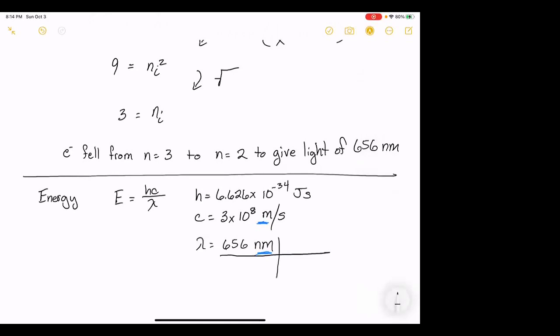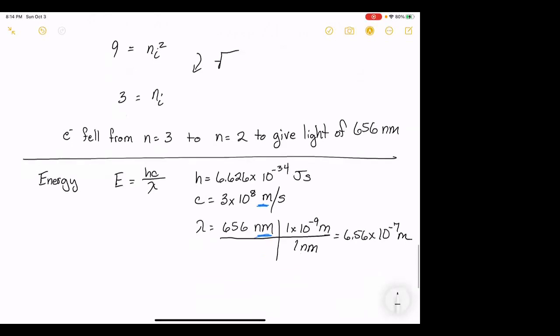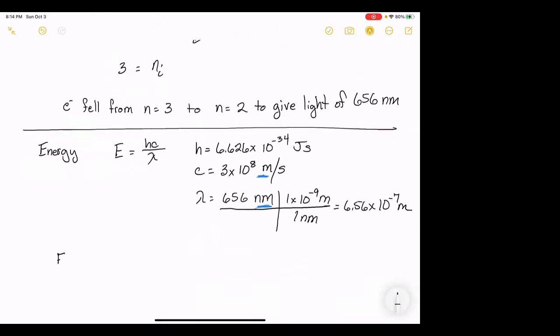To do so, you're going to multiply: 1 times 10 to the minus 9 meters is equal to 1 nanometer. And this comes out to be 6.56 times 10 to the minus 7 meters. Once you have that, this equation should be a plug and chug type of equation, except if you're not using the EE key, you have to pay attention to your parentheses since you have so many pieces in scientific notation.